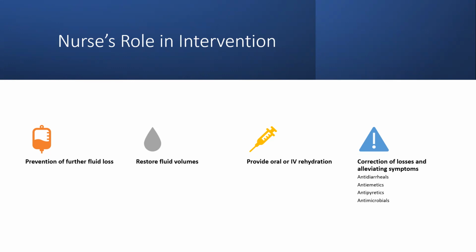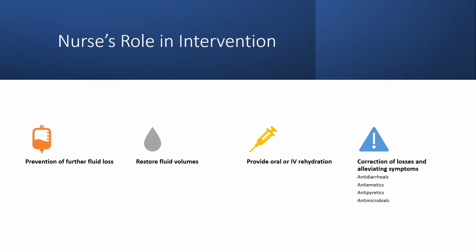So you'll see orders for antidiarrheals, to prevent the diarrhea that's causing this fluid loss, antiemetics, stopping the vomiting, which will increase fluid loss, and antipyretics. We talked about fevers and excessive sweating, which cause fluid loss. So you'll see antipyretics, and even antimicrobials.